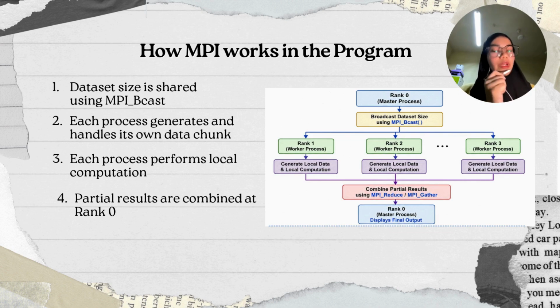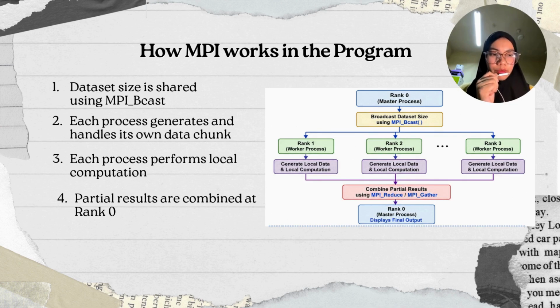In our MPI program, rank 0 acts as the master process, as we can see from the picture. Rank 0 is responsible for displaying the final output. The dataset size is shared to all processes using MPI broadcast.